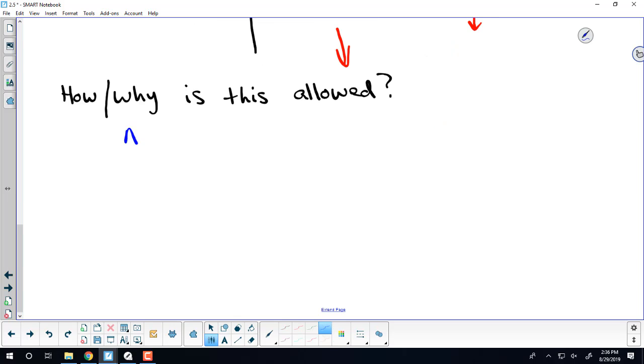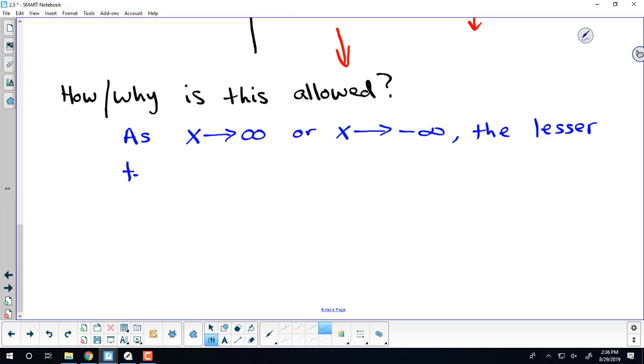Because that's what we'll say: as x approaches infinity or negative infinity, the lesser terms don't matter. You can just get your calculator out and see that for yourself.